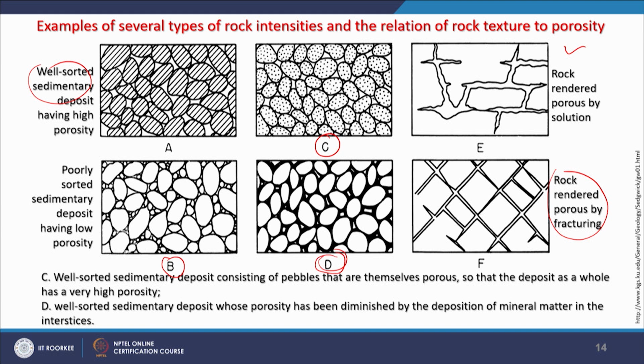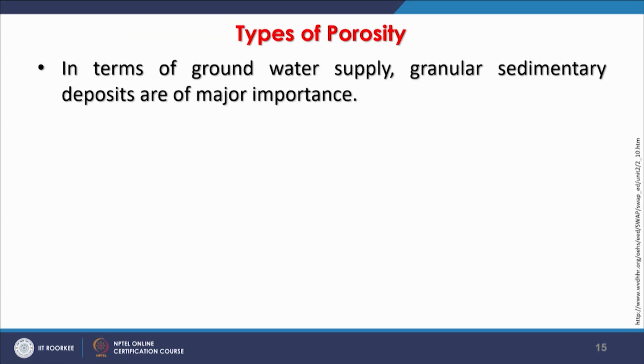In a limestone terrain, which again is sedimentary rock, you may have solution cavities and solution fractures. In case of igneous or sedimentary rocks, you may have porosity because of simple fracturing or jointing.